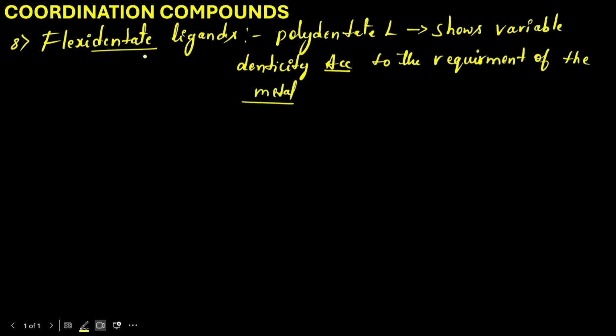Flexidentate ligands are polydentate ligands which show variable denticity according to the requirement of the metal.